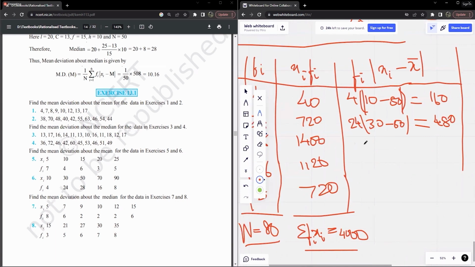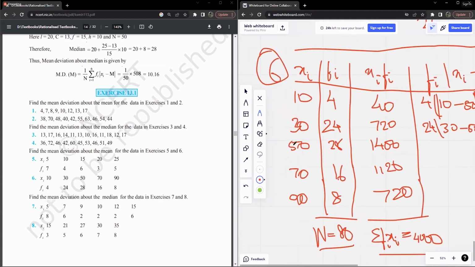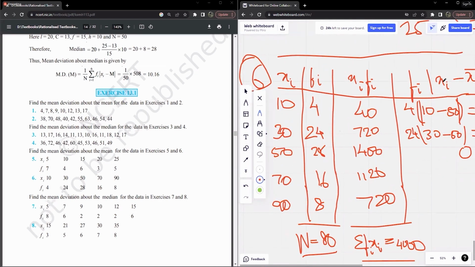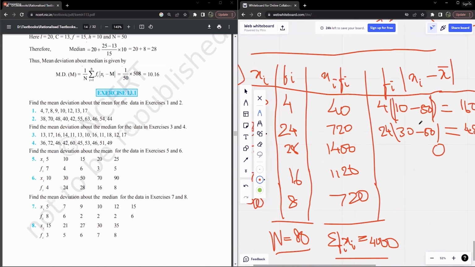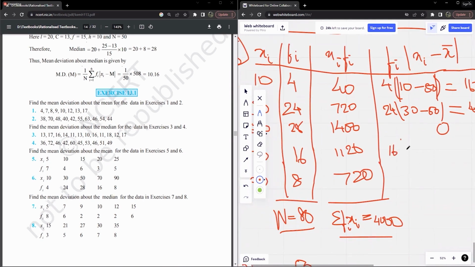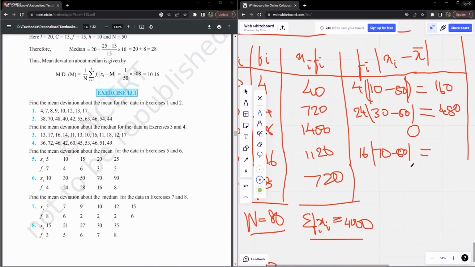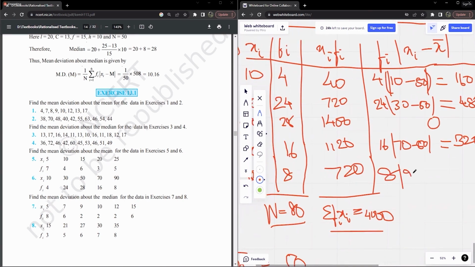All right. This is going to be a 0 because your xi itself is 50. The mean is also 50. 50 minus 50 is going to be 0. 0 times anything is 0. Right? I'm not calculating anything, directly putting a 0 over here. Right? And then this will be again 16 times 70 minus 50. That is 16 and 20 again. That is going to be 320. And finally, this is going to be 8 times 90 minus 50.